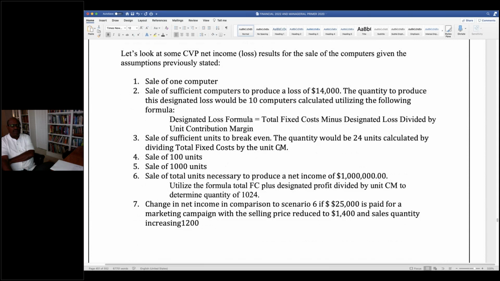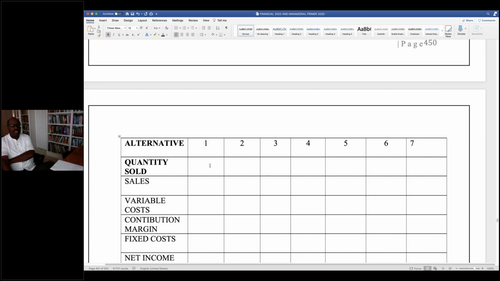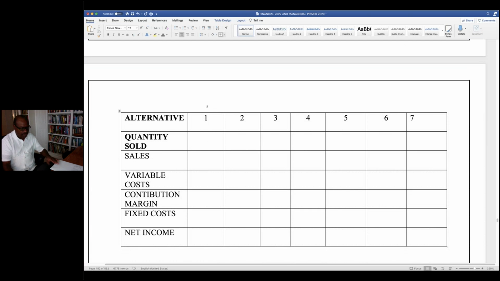So let's look at what happens if we sell one computer. The selling price of that computer is going to be $1,500.